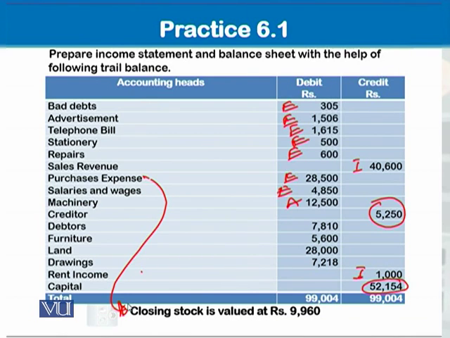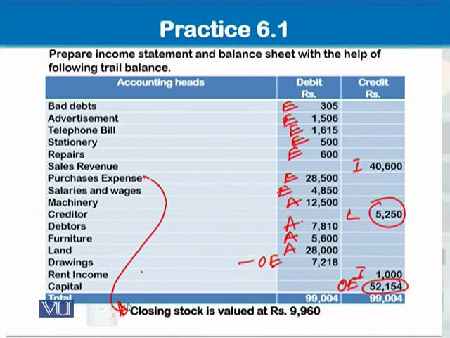Then furniture, it's long term, it will not expire in one reporting period, it's an asset. Debtors is an asset. Land, long term, it's an asset. Drawing is contra to owner's equity, it will be subtracted from owner's equity. Rental income is income. Capital is owner's equity. And this creditor is liability.